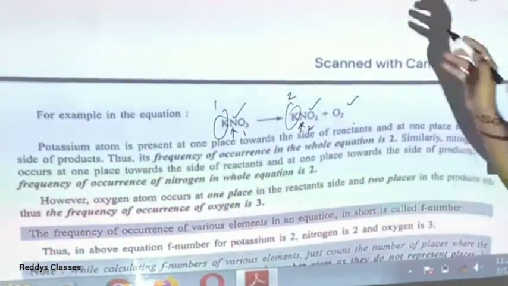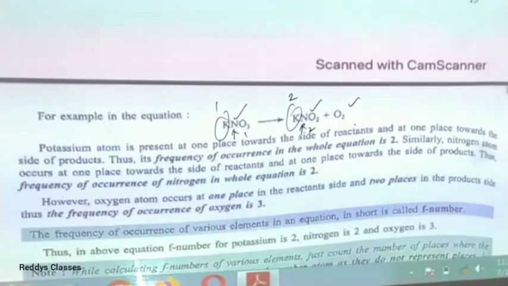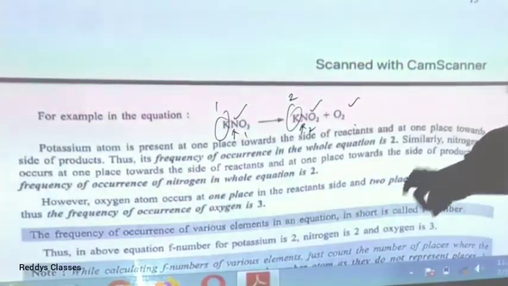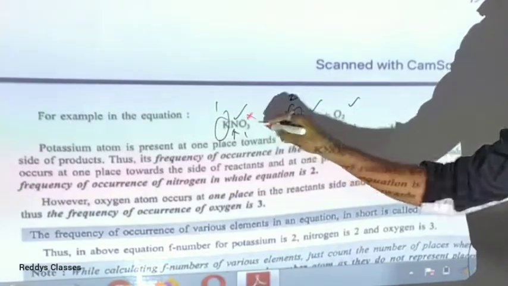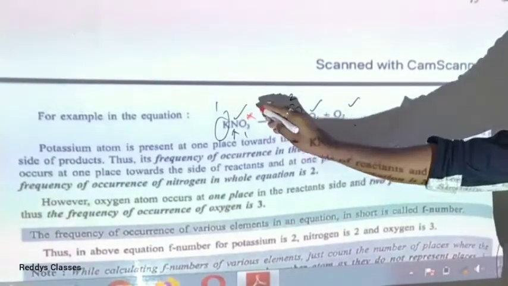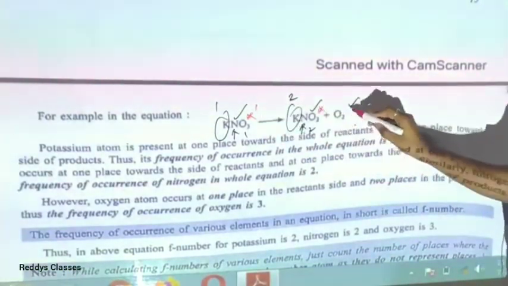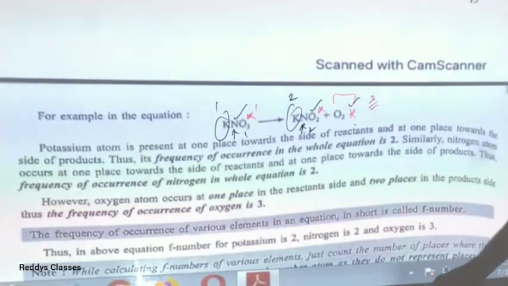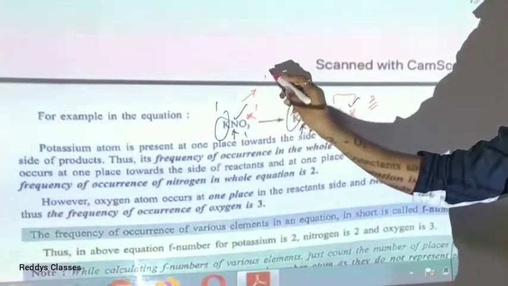2. However, the oxygen atom occurs at one place in the reactant side. Let me show you with another marker. Here we have 1, here we have 1, here we have 1, means on this side we have 2 times occurrence of oxygen atom, while that of 1 time here.